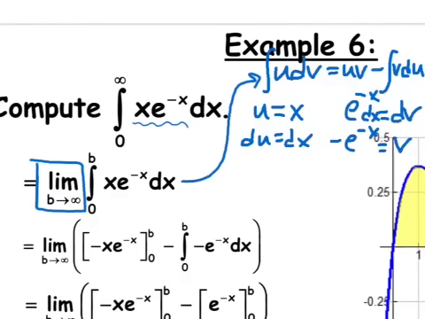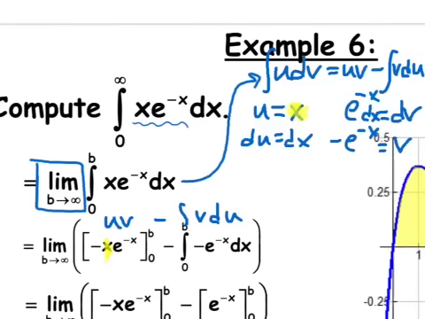So what I'm going to do is plug into the formula uv minus the integral of v du in the next step. So x is my u. Let me see if I can highlight this. So if u is equal to x, replace u with x.